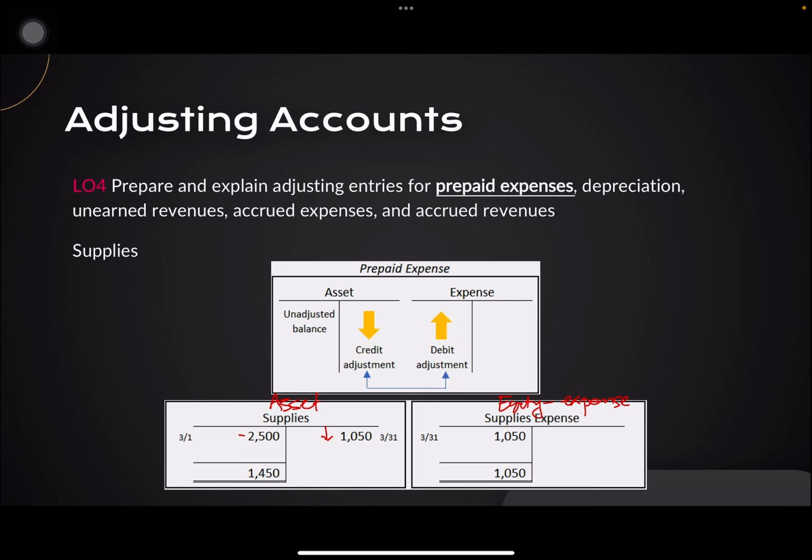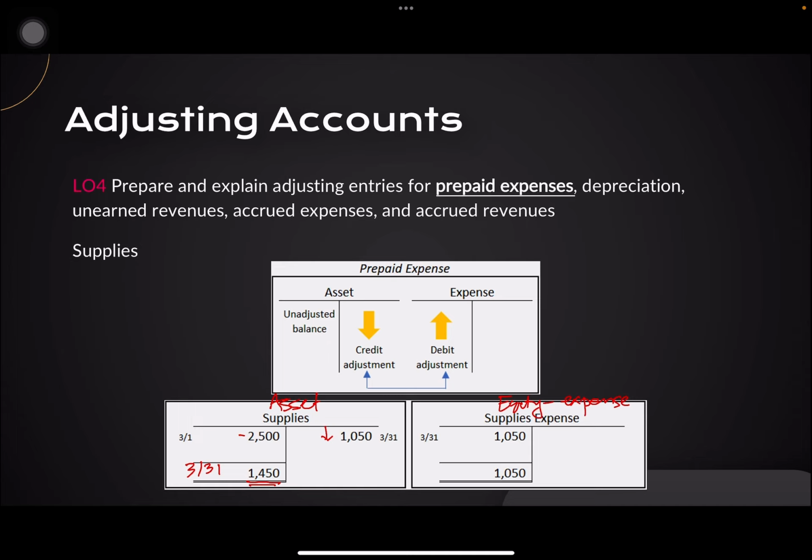That's why it's on the credit side. So to get the updated balance of your supplies as of March 31, just simply deduct your $2,500 minus the supplies that you've consumed already, $1,050. You would get an updated balance of your supplies asset account of $1,450.